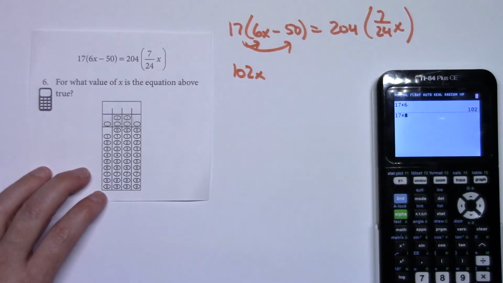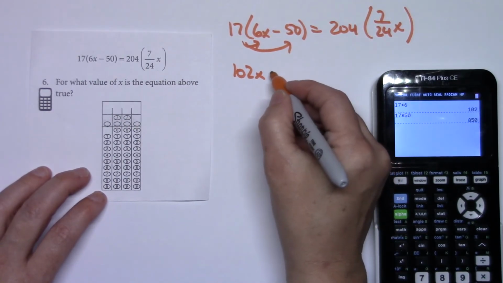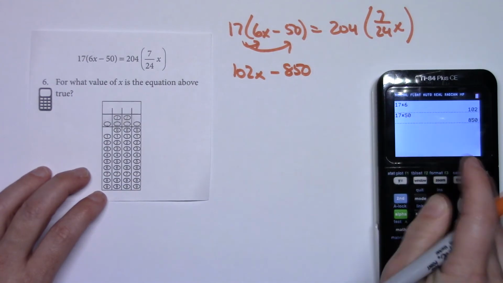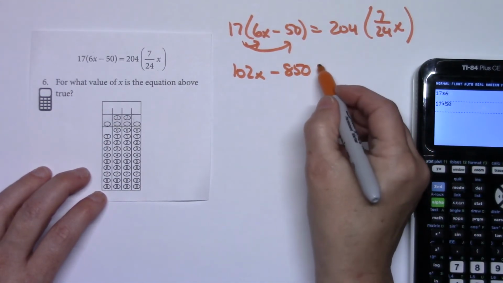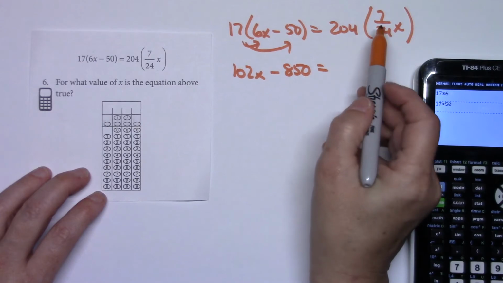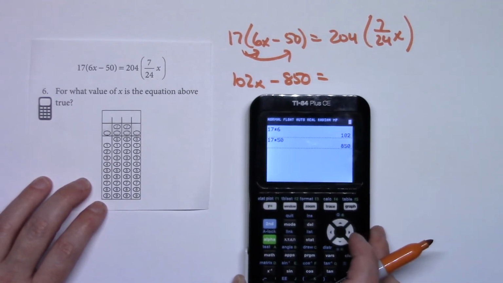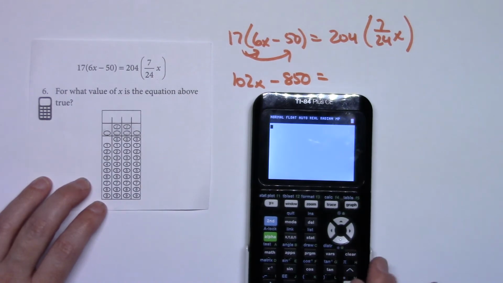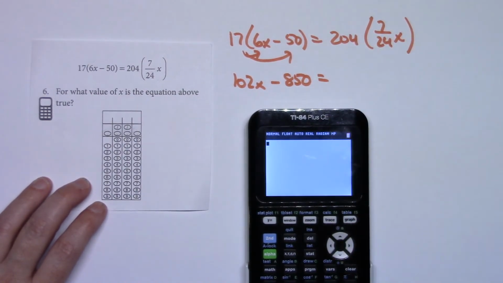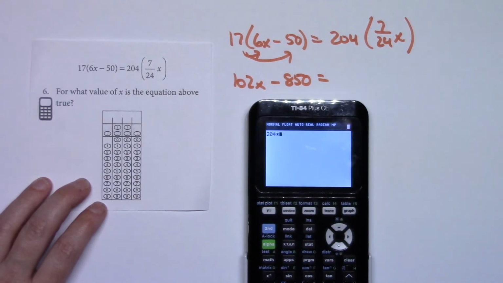Then I'm going to go 17 times 50 and get 850. Now on this other side, I've got 204 times 7 over 24x. If you know where your fraction bar is on your calculator, I could go 204 times, and then I could do 7, shortcut to that fraction bar, 24.